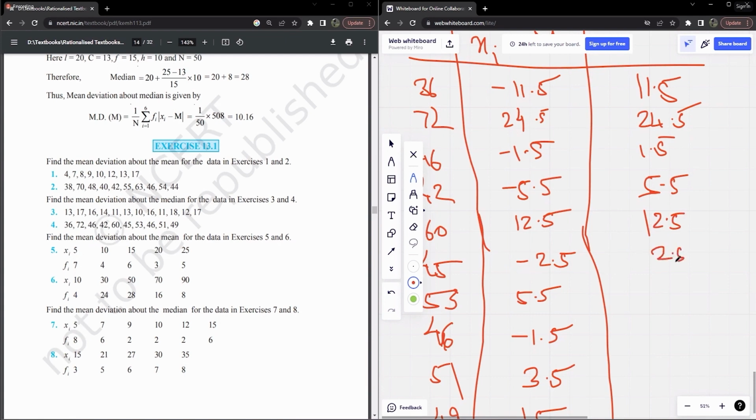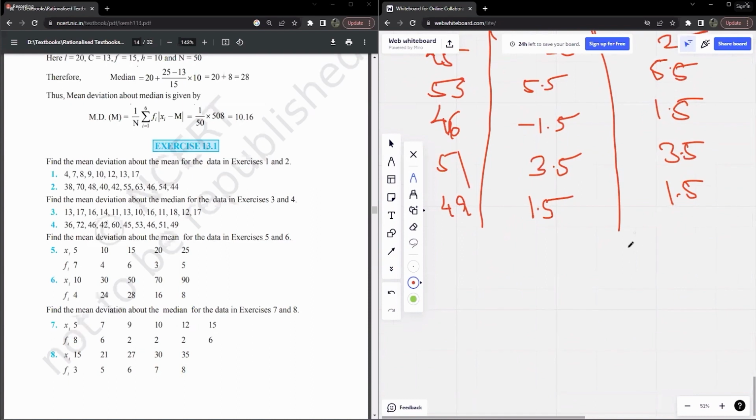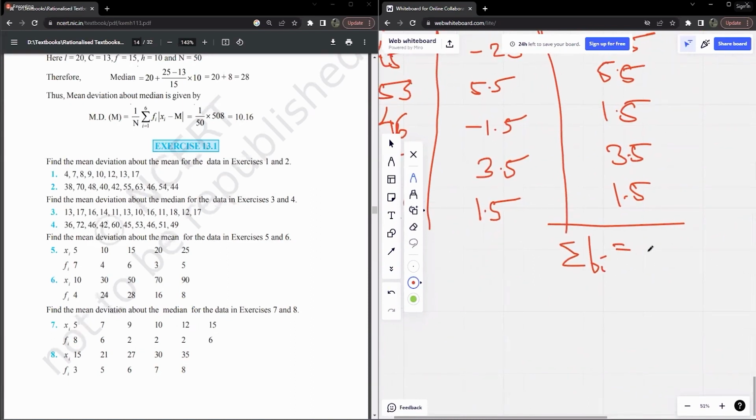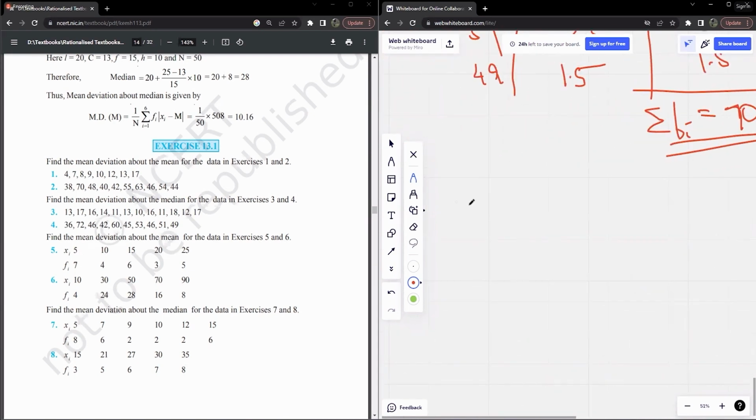Then I have 45 giving me 2.5, 53 giving me a 5.5, then 46 giving me a 1.5 again, 51 giving me a 3.5, and 49 giving me a 1.5 again. Right. So basically, I'll have sigma fi being equal to 70.0 of course.